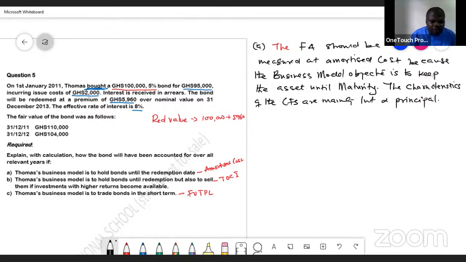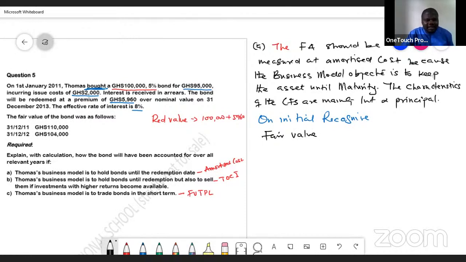So because it is at amortized cost, this is what is going to happen. On initial recognition, that is at inception, we'll pick the fair value, which is the 95,000.